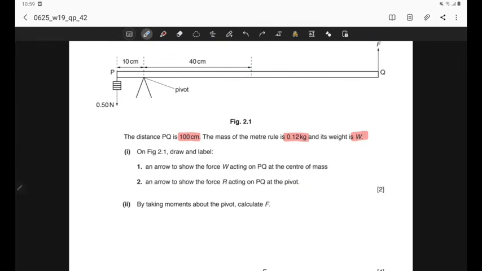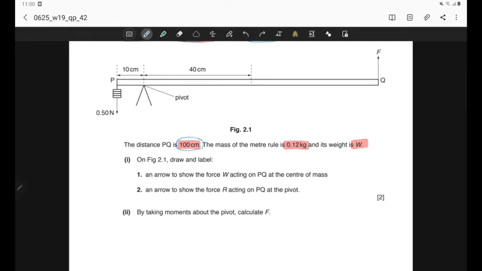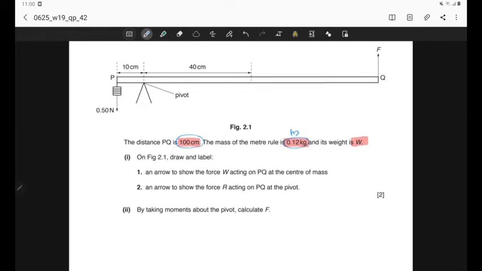And it's given 100 centimeter is the length of PQ. That means from P to Q, the total length is 100 centimeter, and its mass is 0.12 kg and weight is represented by W.